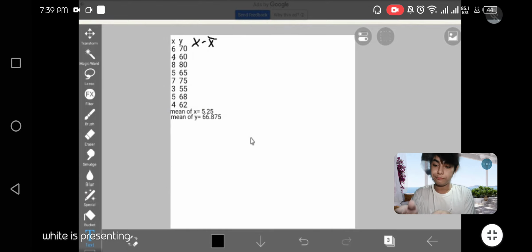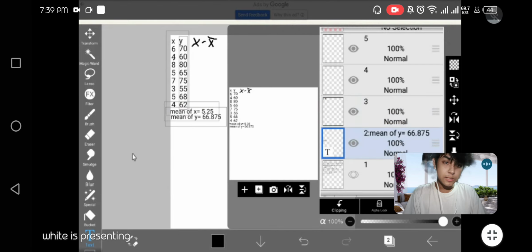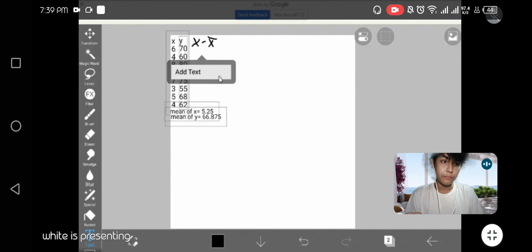So, let's do it. 6 minus 5.25 is equal to 0.75.